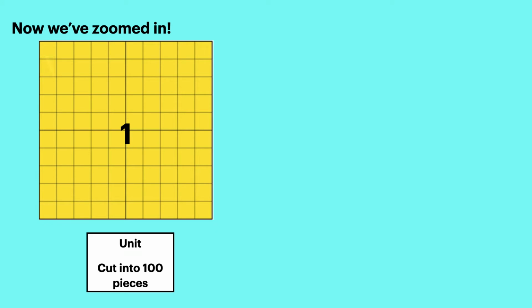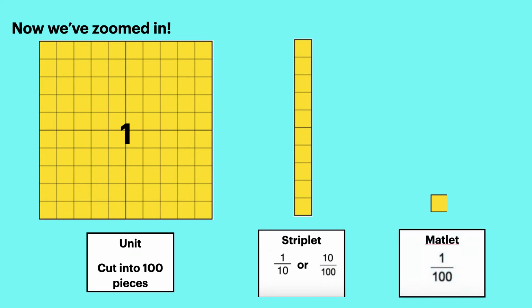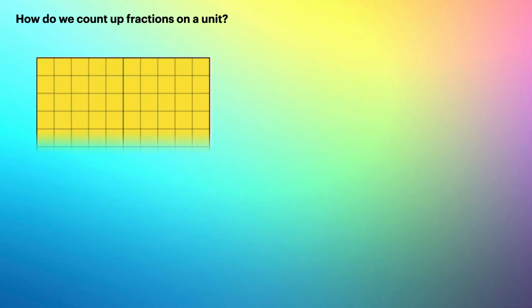Now again, if I was to take 1/10 of that and bring it over, that is our striplet. We could say that that's 1/10 of our unit, or 10 itty bitty squares, or 10 hundredths. Then imagine if I cut that unit into 100 itty bitty squares and pulled one out. That is the size of our matlet. 1/100th.